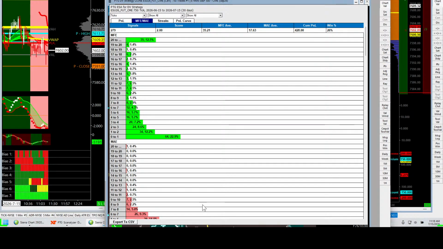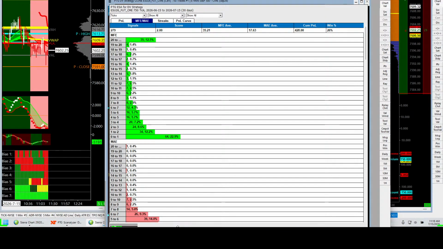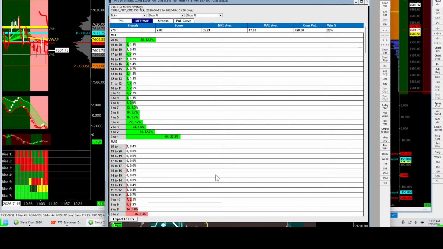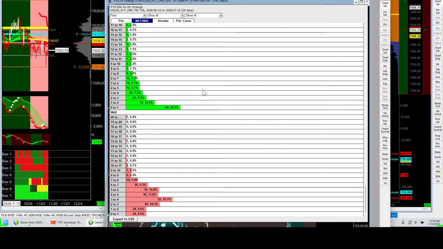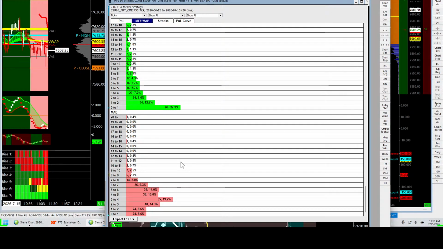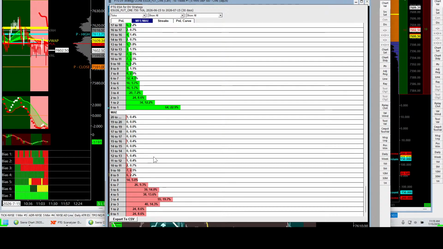Basically, those represent, after entry, how far did price move in favor and how far did price move against? Make sense? Adverse and favor. So down below, this is the MAE, the maximum adverse excursion of a particular strategy. Again, this is all in testing.